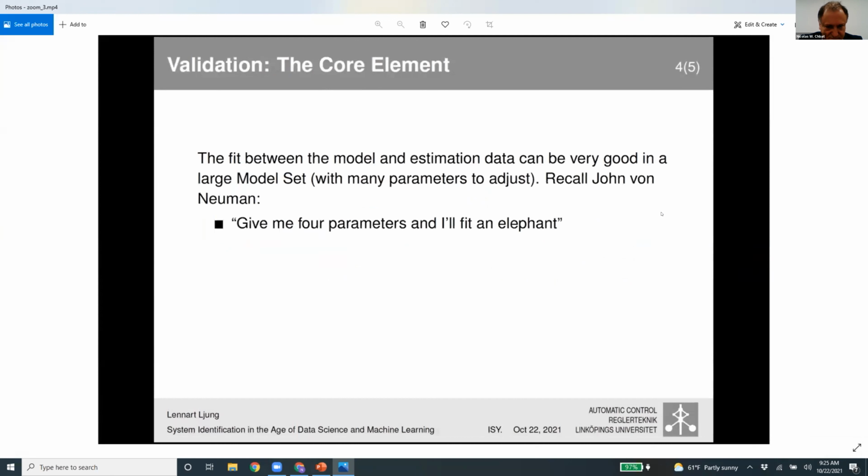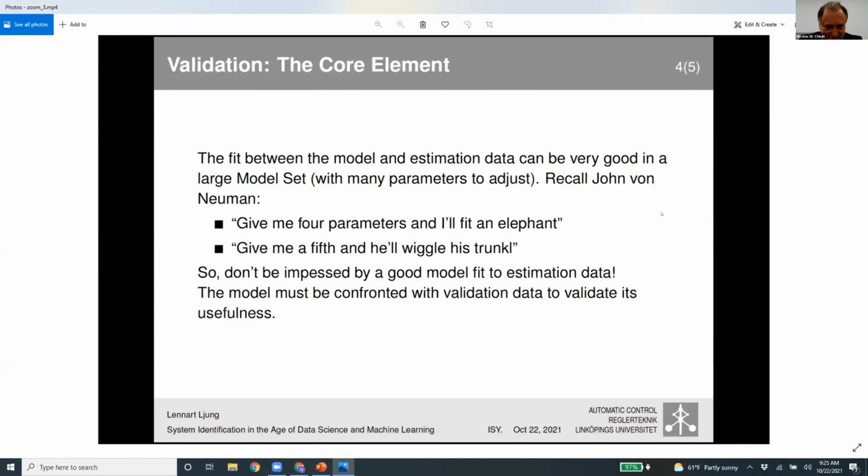Recall the classic quotation by John von Neumann: "Give me 4 parameters and I'll fit an elephant. Give me a 5th and he will wiggle his trunk." This means that the model must be confronted with a new validation data set that it hasn't seen before we can judge its usefulness.